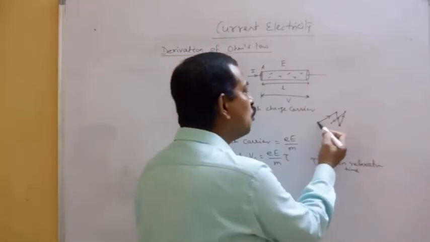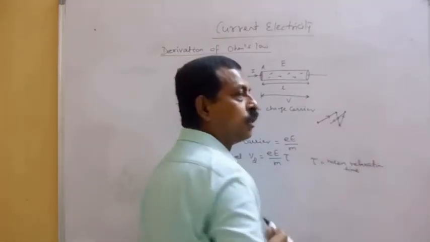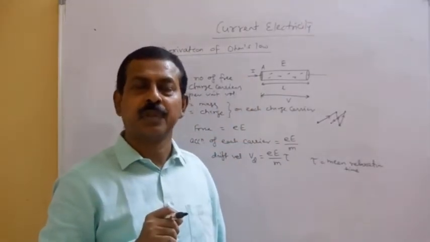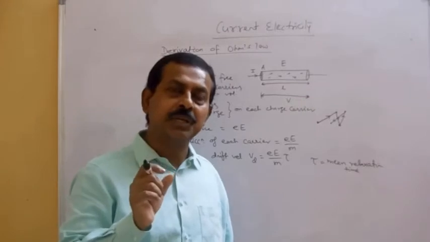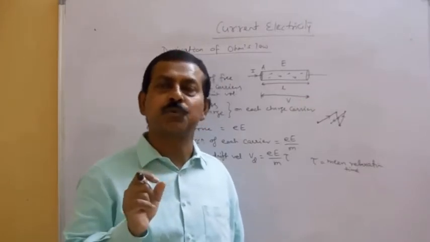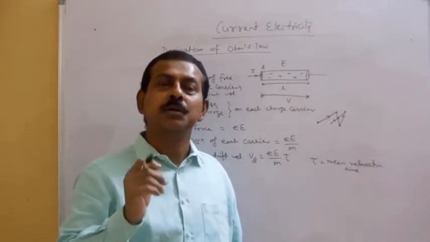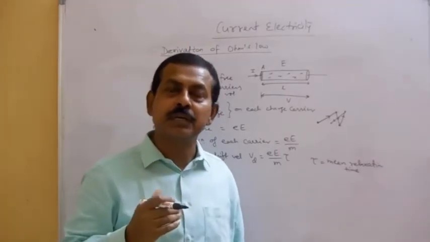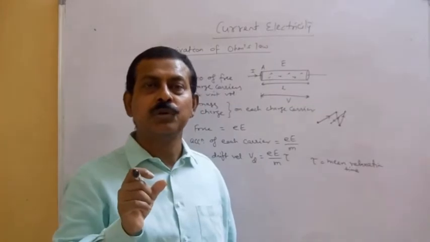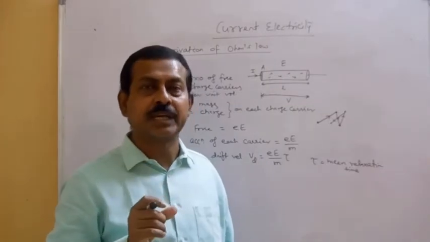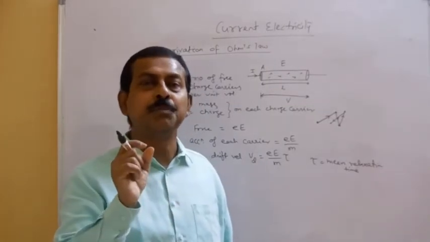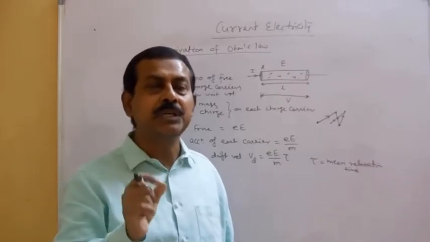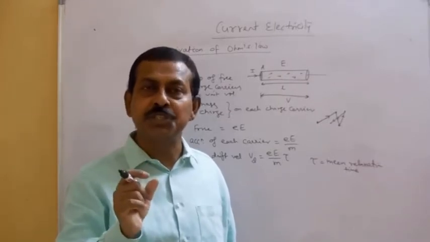The distance moved between two successive collisions is called free path, whereas the time duration between two successive collisions is called relaxation time. So if you consider the average value of these relaxation times, that means it will be the mean value of the time duration between two successive collisions.